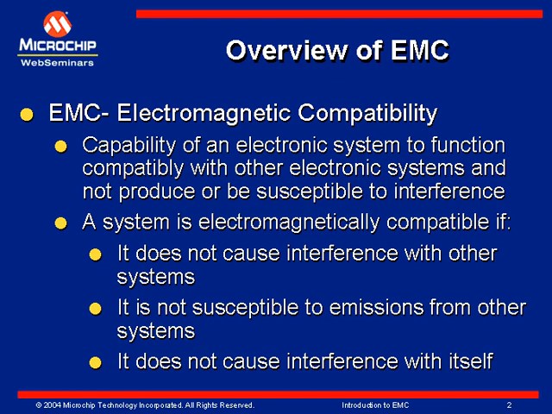A system is considered electromagnetically compatible if it does not cause interference with other systems, it is not susceptible to emissions from other systems, and it does not cause interference with itself. It's like living in peace and harmony with your neighbor. Don't shoot your neighbor, don't let your neighbor shoot you, and don't shoot yourself in the foot.